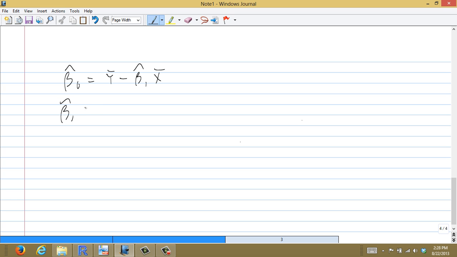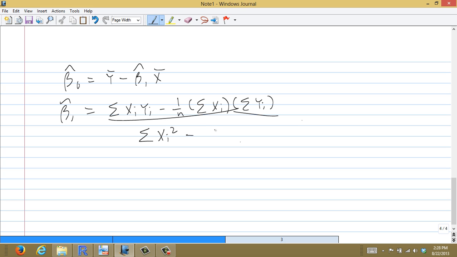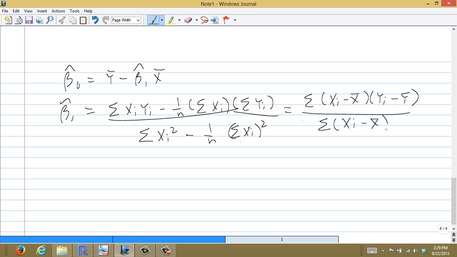And beta 1 hat, the optimal value of beta 1, is going to be the sum of x sub i, y sub i, minus 1 over n, the sum of the x's quantity times the sum of the y's, divided by the sum of the square of the x's, minus 1 over n times the sum of the x's quantity squared. And this can be re-expressed as the sum of x sub i minus x bar times y sub i minus y bar divided by the sum of x sub i minus x bar squared.